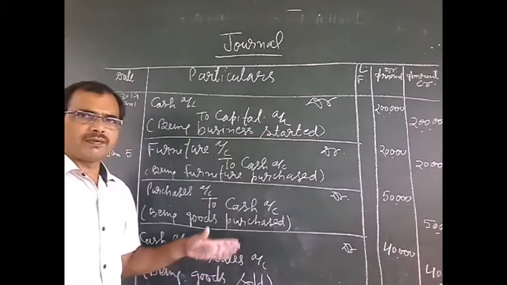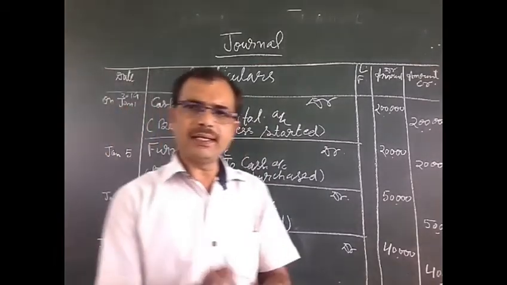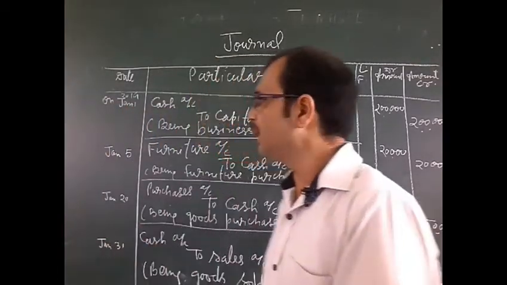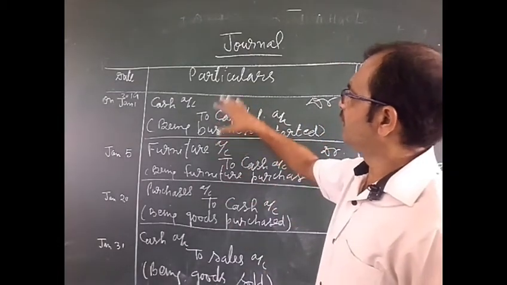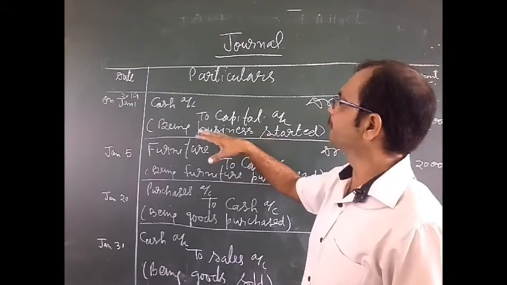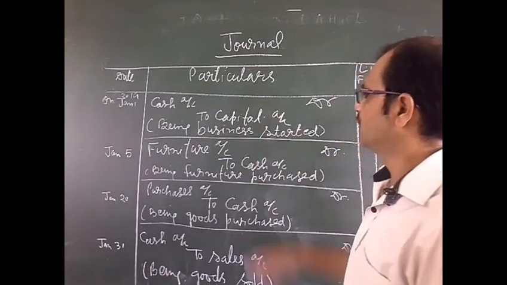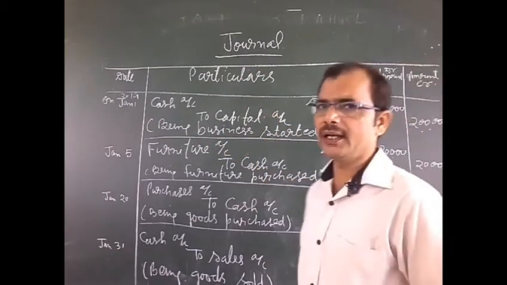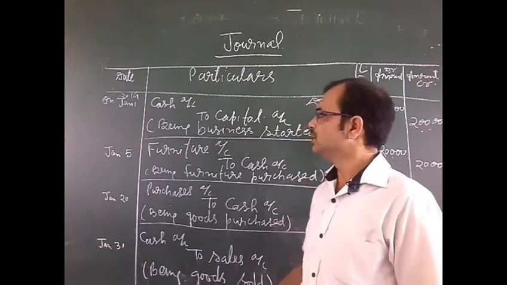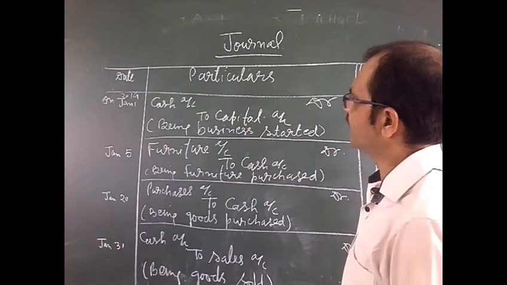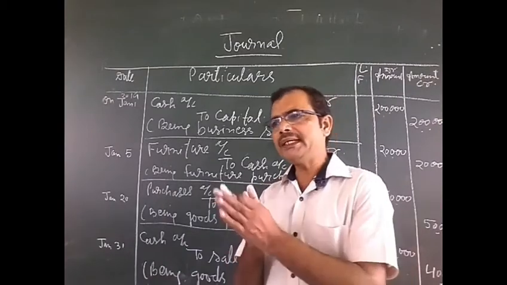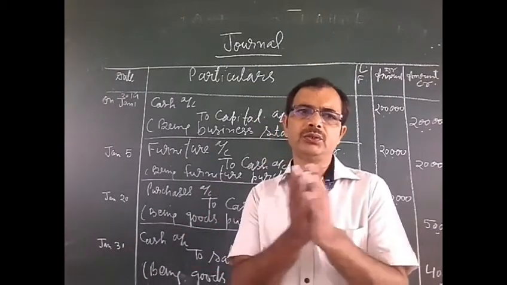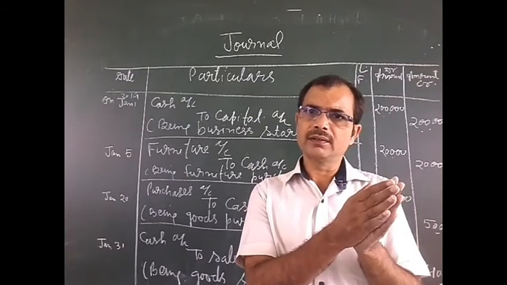Students, we are taking some entries as an example, and firstly we transfer all the entries. We will make all the entries in the journal. You have already learned how to make a journal, so we will make the journal in this way. After making the journal, we transfer all the entries into the ledger.